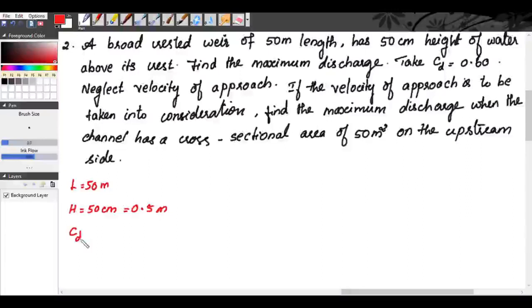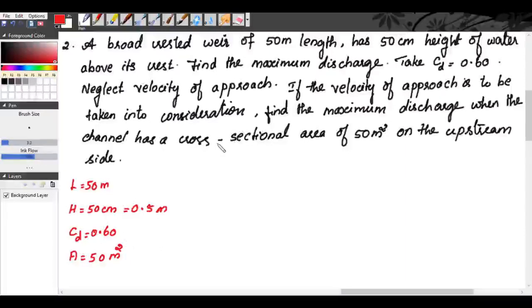Take CD is equal to 0.60. Neglect the velocity of approach. So we are not going to consider the velocity of approach. First case we will neglect the velocity of approach. Second case we will consider the velocity of approach. So if the velocity of approach is to be taken into consideration, find the maximum discharge when the channel has a cross-section area of 50 meter square on the upstream side.